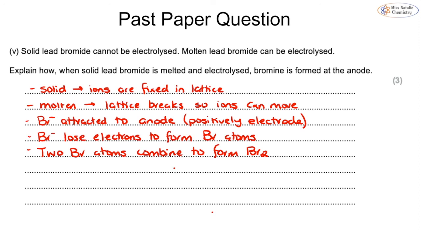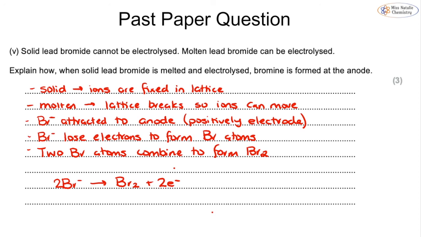So we could even show our half equation. We can have our 2Br- losing the electrons to have Br2 plus 2e-. And that is for 3 marks. So you would have to have an explanation that links at least 3 of those points together.